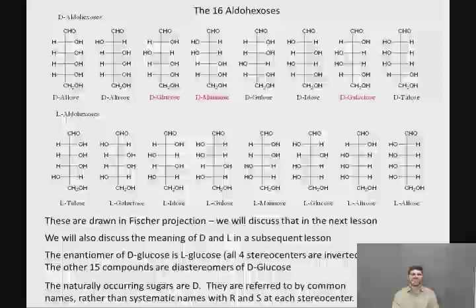So you have allose, altrose, mannose, gulose, idose, galactose, and talose. And these common names are used rather than naming these completely systematically, which would have to make you calculate R and S at each of the 4 stereocenters. So you would have to say R, S, etc. Those would get long and kludgy really quickly.